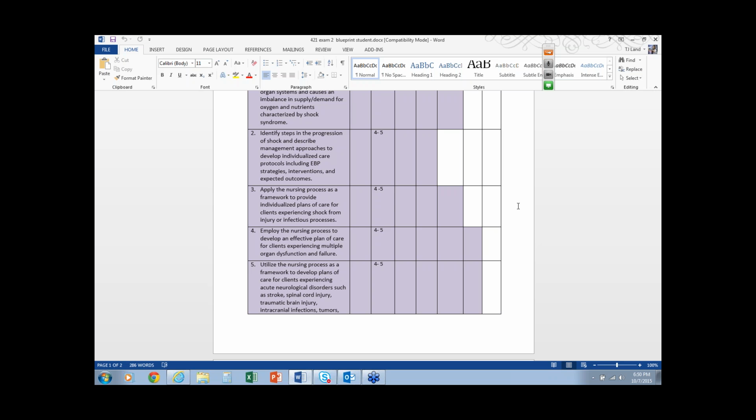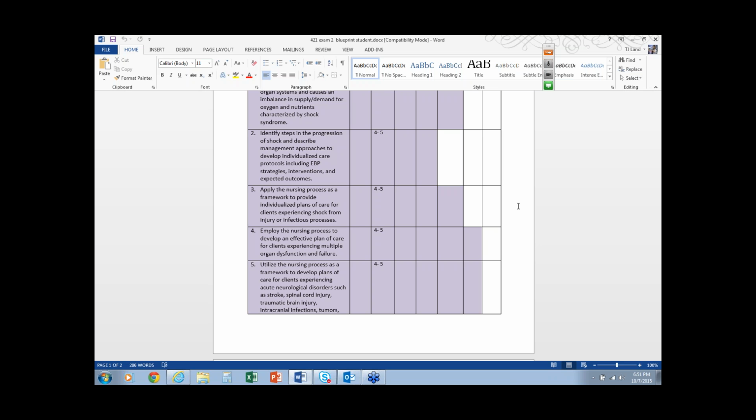The fourth objective is talking about you being able to employ that nursing process and create an effective plan of care for those people who are not only experiencing shock, but now they have advanced into multi-organ dysfunction, okay, or even multi-organ failure. So when we've talked about shock, we have a hypoperfusion state, a low perfusion state.